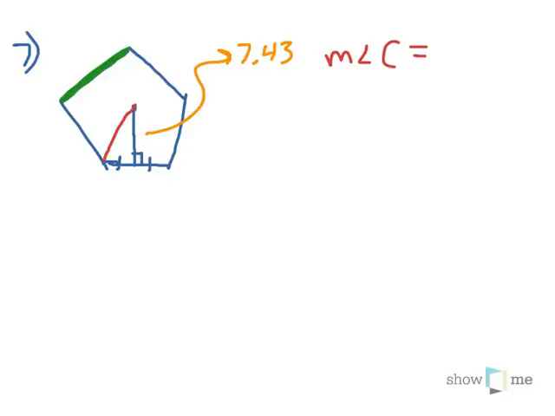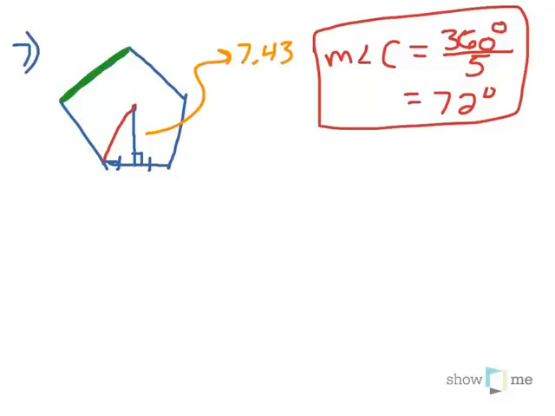To find a central angle, simply take 360 degrees and divide it by how many sides you have. We have 5 sides. 360 divided by 5 is 72. So the central angle is 72 degrees.